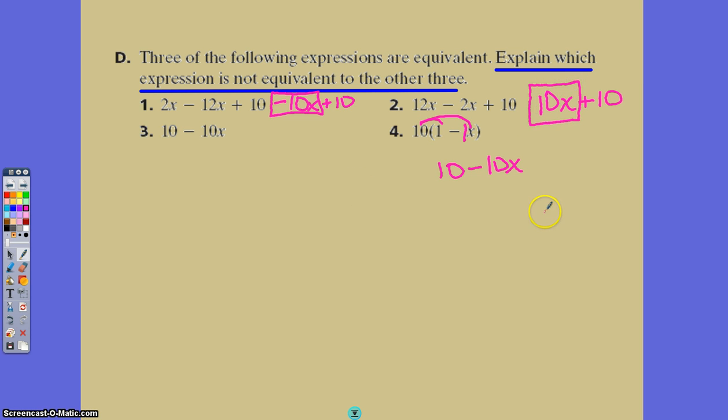So those are 2 different things. Here is our x value. We need to take the sign in front of it. So we also have -10 x's. Over here, we take the sign in front of it. So we have -10 x's. So all of these are -10 x's, except for that one, which is a positive 10. So the one that does not match is number 2.